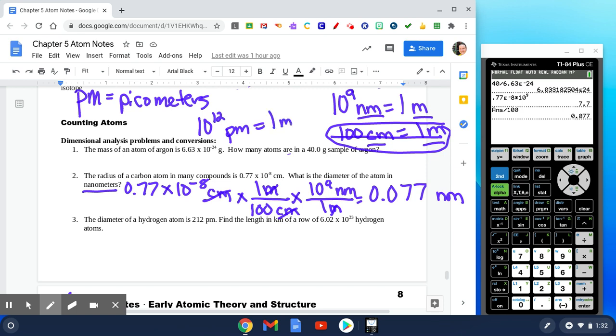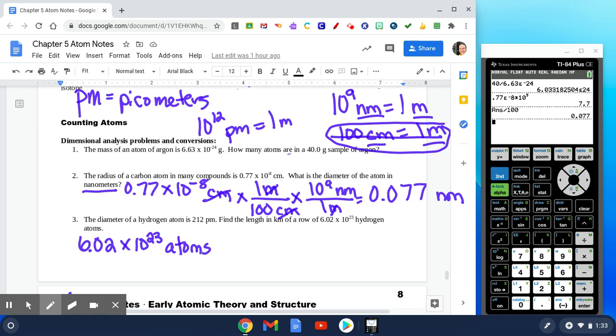So it wants to know, in kilometers, the length of a row of 6.02 times 10 to the 23rd hydrogen atoms. All right, so I have this many atoms.